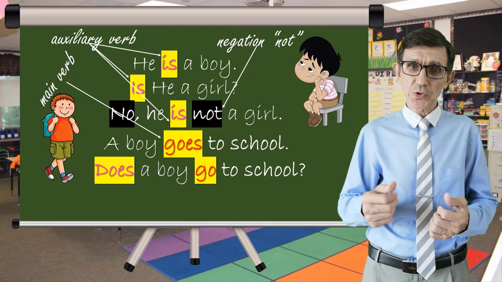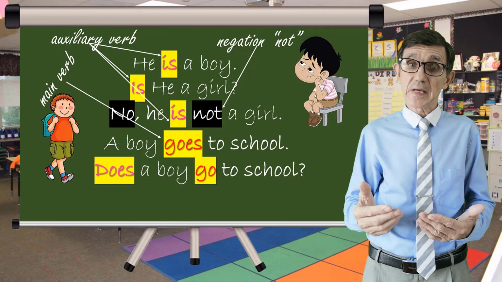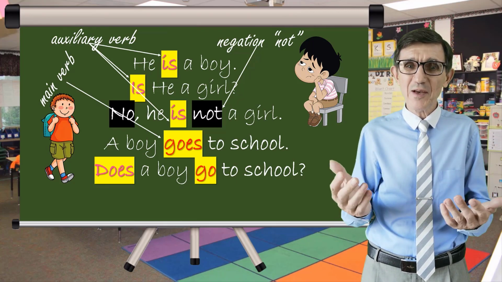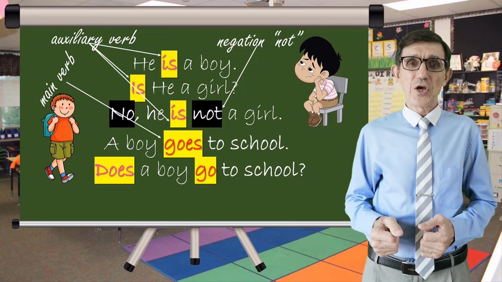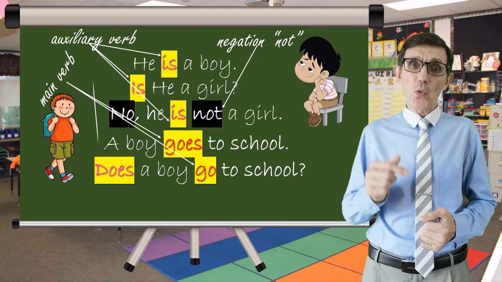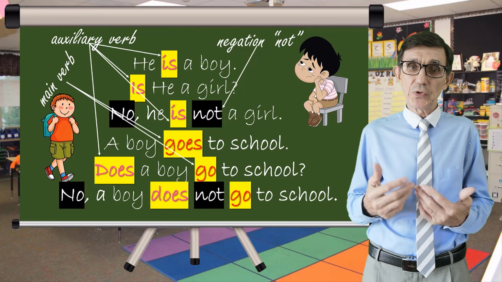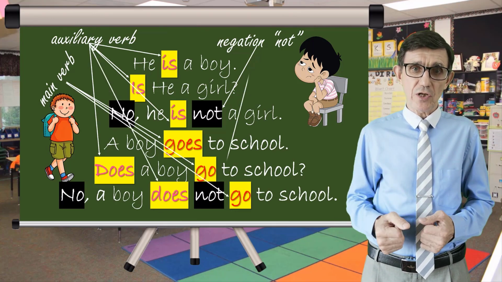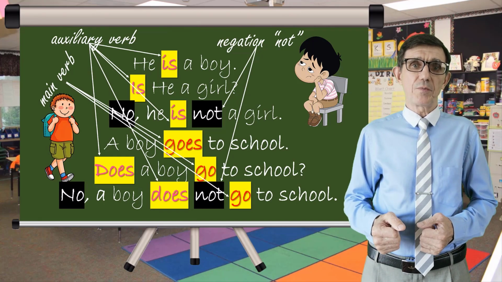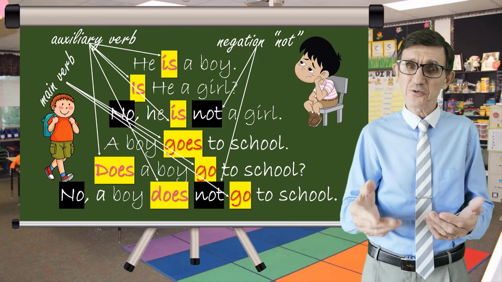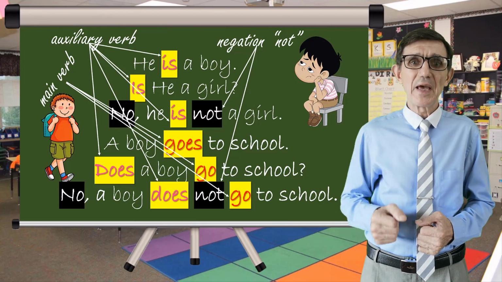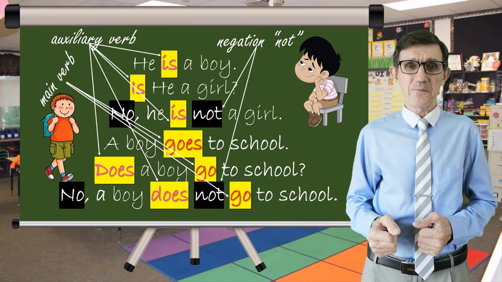Does he go to school? Since does has the ending es, a main verb shouldn't have the ending es. To make a negative sentence, we should take the auxiliary verb, do, does, put it after a subject and put the negation, not, after the auxiliary verb. Please try to remember these simple grammar rules so that you always know how to make interrogative and negative sentences.